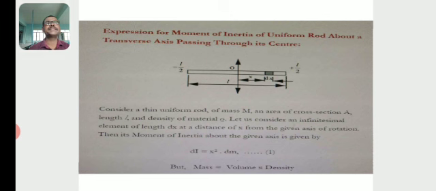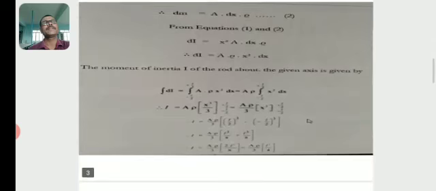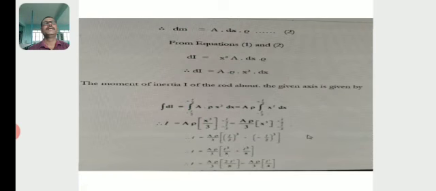We know that mass is equal to volume into density. By the definition of density, density is equal to mass by volume, then mass is equal to volume into density. Then dm is equal to A into dx into rho, where A into dx gives the volume of the element.